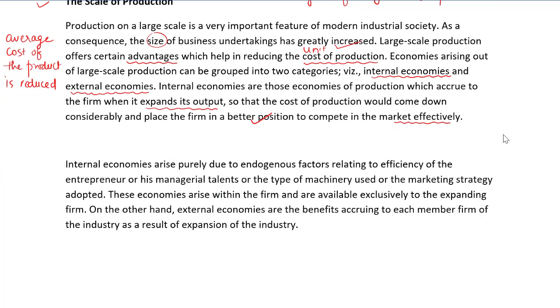Internal economies arise purely due to indigenous factors relating to the efficiency of the entrepreneur, his managerial talent, or the type of machinery used, or the marketing strategy adopted.